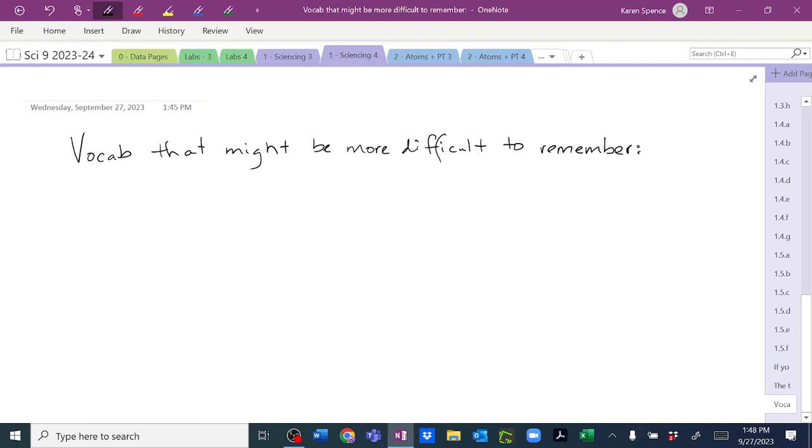And tomorrow, we have a vocab quiz. So I thought I would start today by going over some of the vocab that might be more difficult to remember, because either you just learned it yesterday or you learned it way back at the beginning.